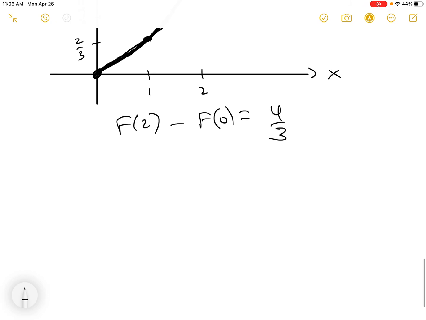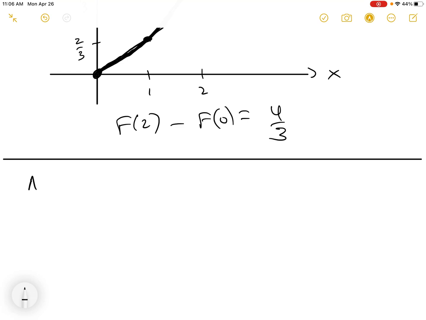Okay, another cool thing we're going to look at that we need for the sequel to this is the idea of average value of a function.